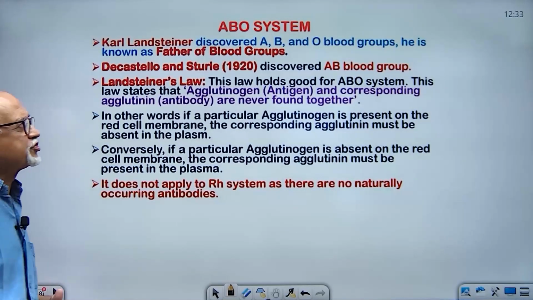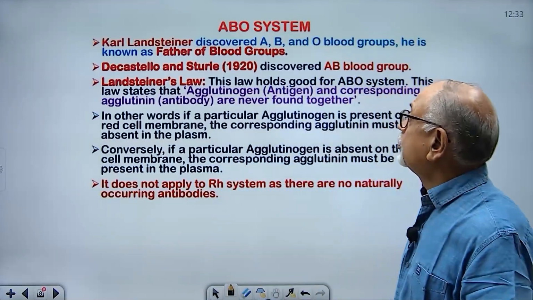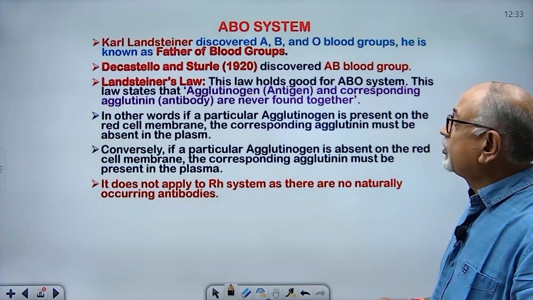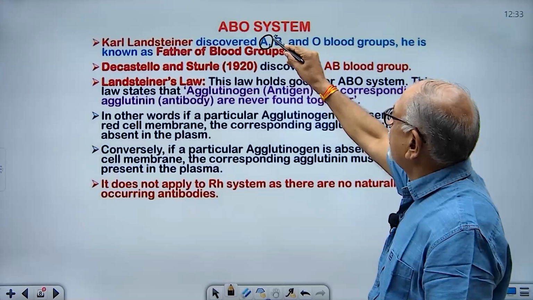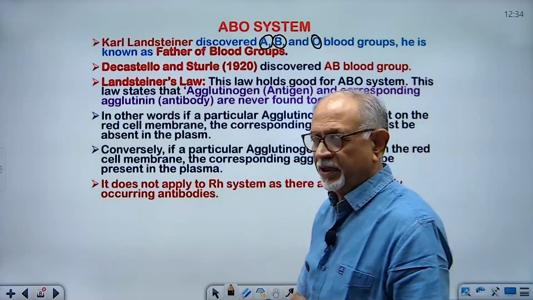Karl Landsteiner was the first to identify or discover the blood groups A, B and O, not AB.